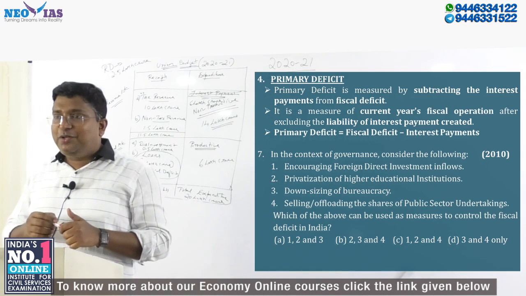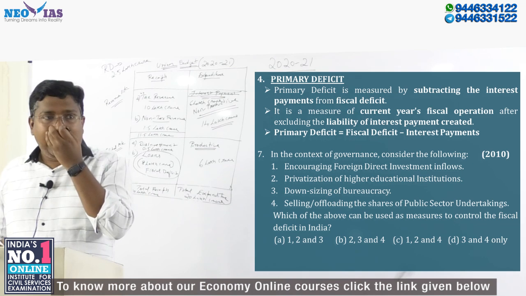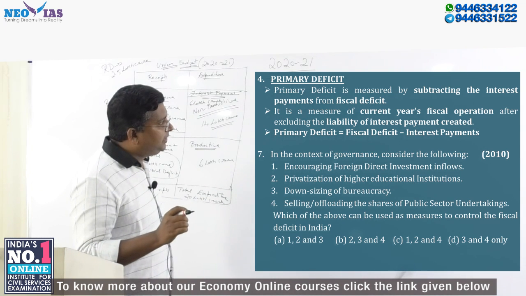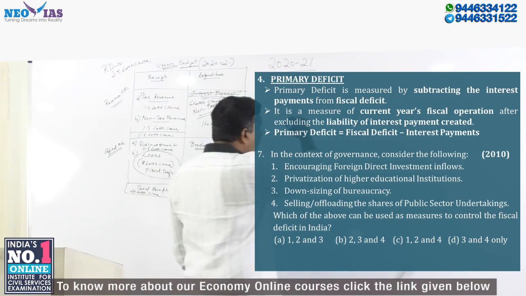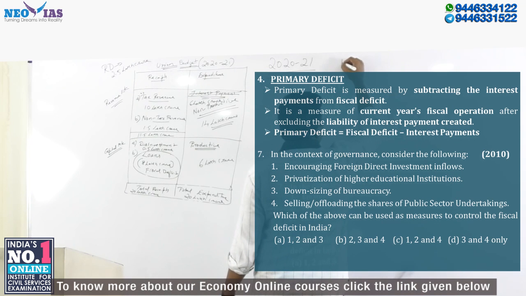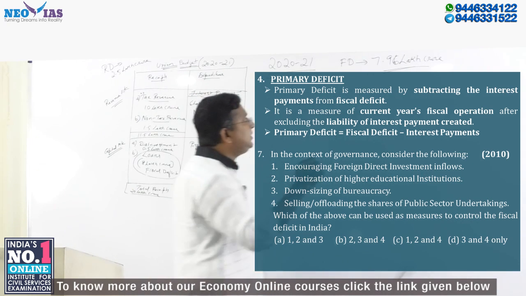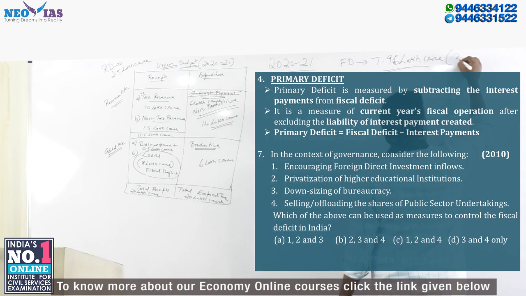When budget 2021 was presented, the fiscal deficit projected was somewhere around 7.96 lakh crore. I may be wrong, but it is somewhere near this. It is 3.5% of GDP.